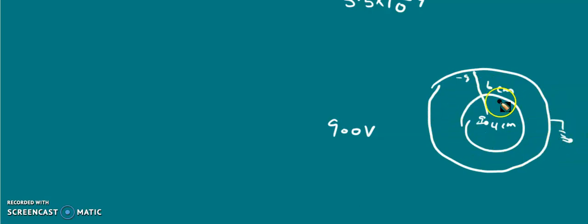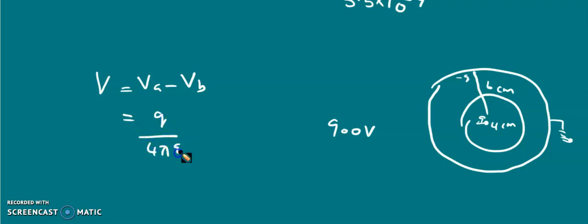We have seen this in the principle of the spherical capacitor, and in the case of the spherical capacitor, the potential difference is equal to VA minus VB, which is Q by 4 pi epsilon 0 RA, the radius of the inner sphere, and the outer sphere has a charge minus Q by 4 pi epsilon 0 RB.